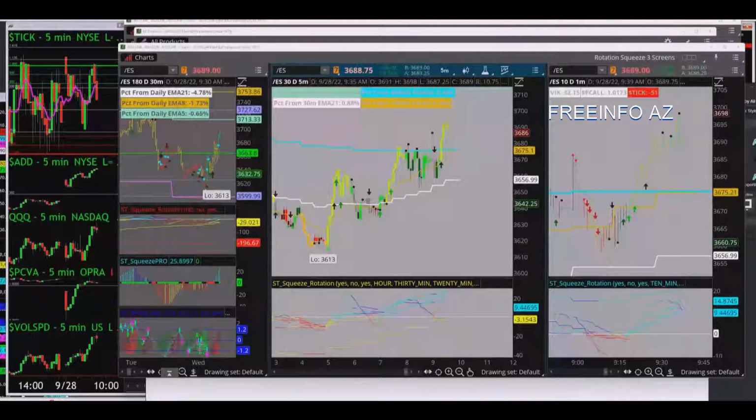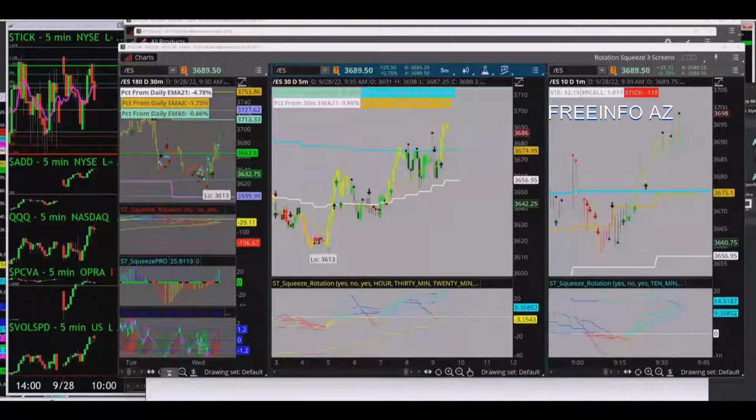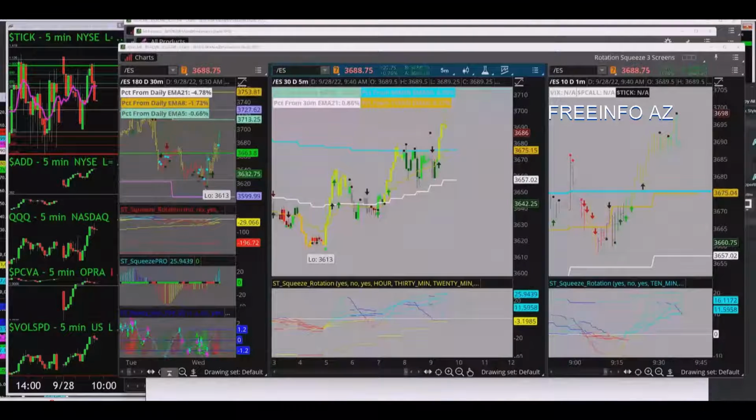Okay, 460. Yeah, so now we're just kind of hanging out. Let me exit my trades here on Tasty, and then we'll do a post-mortem, and we'll see if there's another trade first.